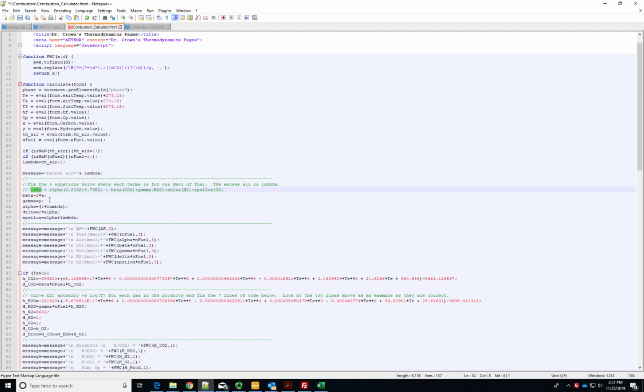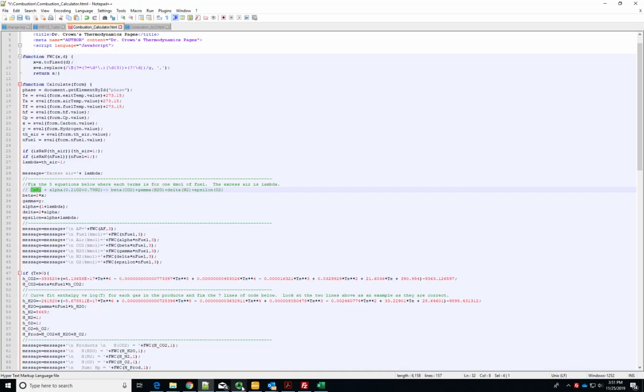Of course, use the terms that are defined. So I have X and Y defined, lambda defined, and then this equation can be after this because now alpha is defined. So you can use the things that you define in the lines after you define them. Just make sure every term ends with a semicolon.